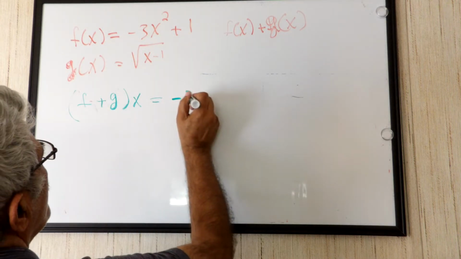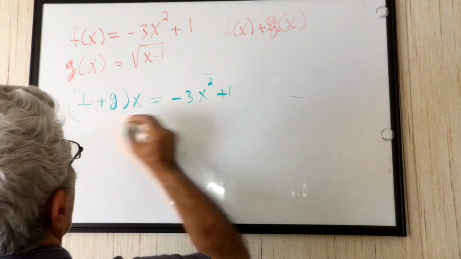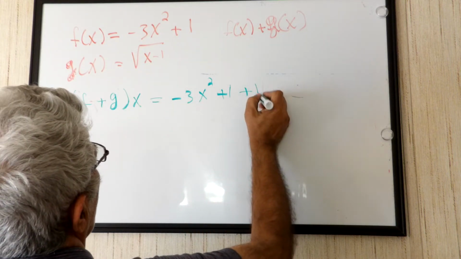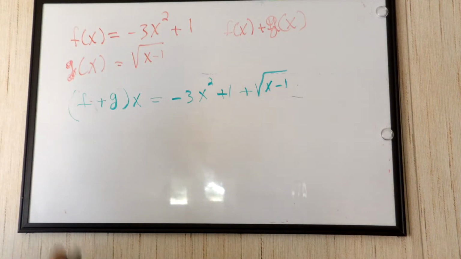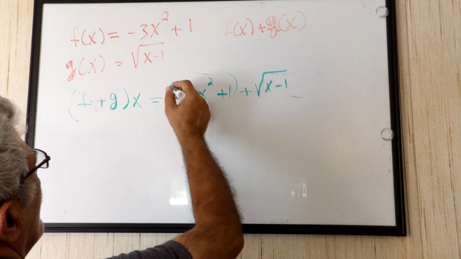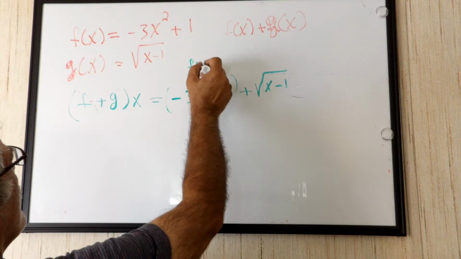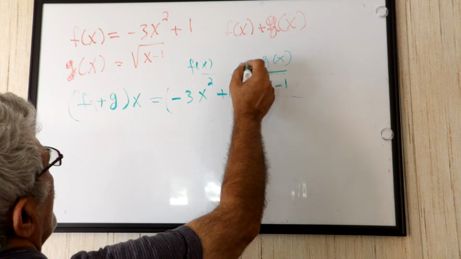Minus 3x squared plus 1, and then plus the square root of x minus 1. We just do the plus here. This is f of x, and this is g of x.